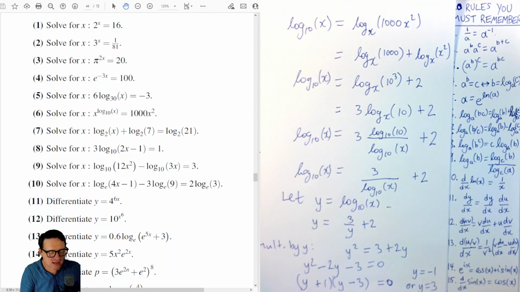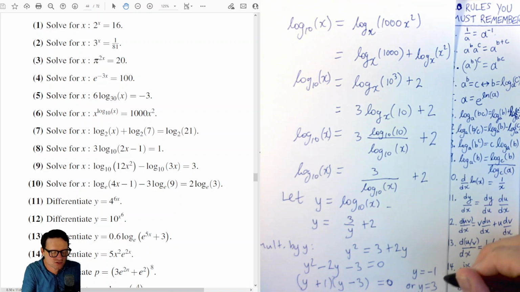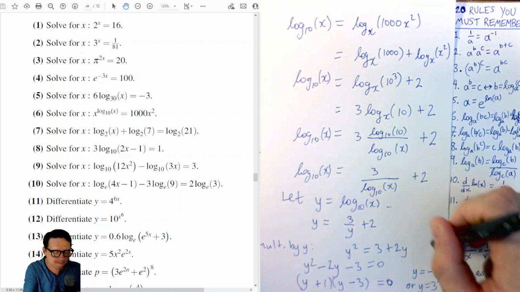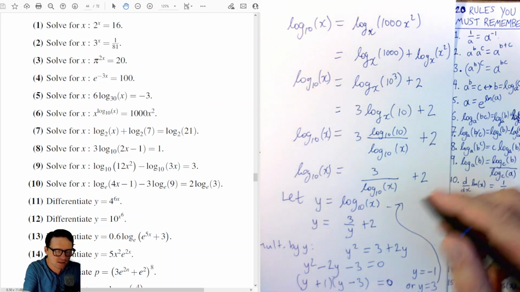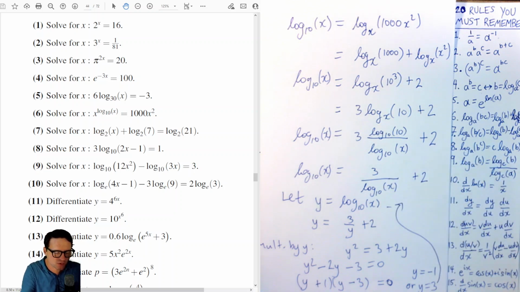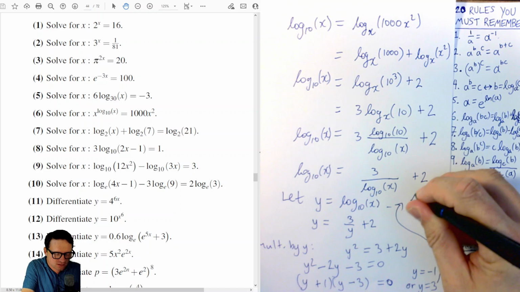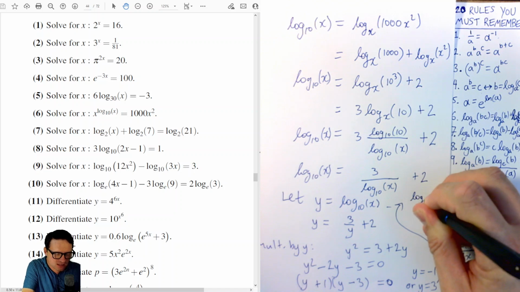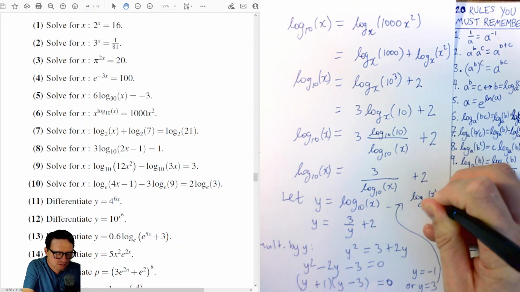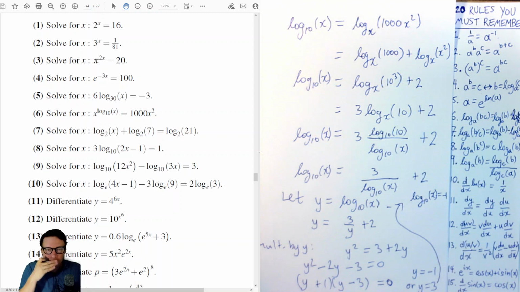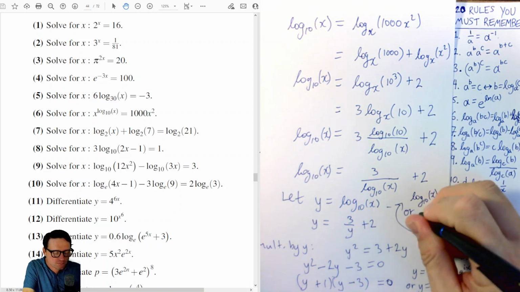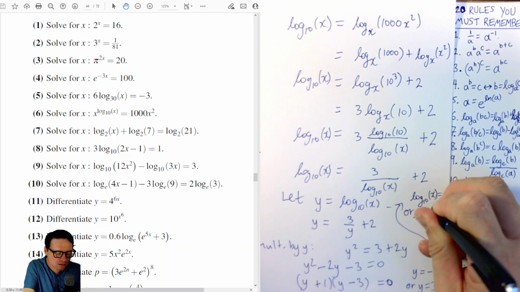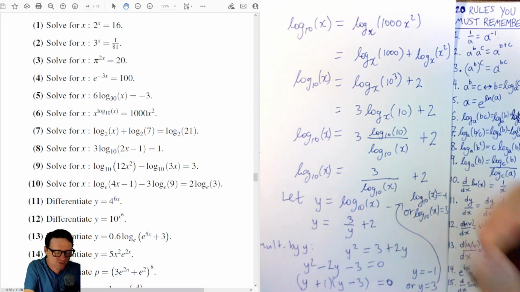Okay, so given that, let's then take these two back up here and see what this says from this point of view. So we have log to base 10 of x is minus 1, or log to base 10 of x is 3.